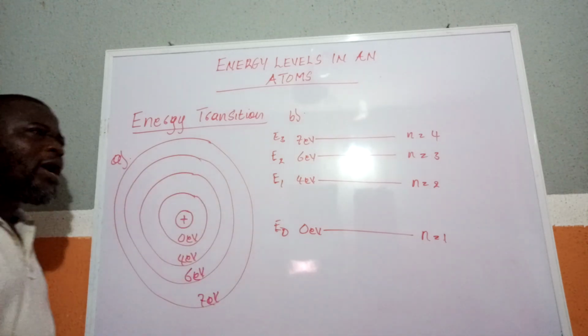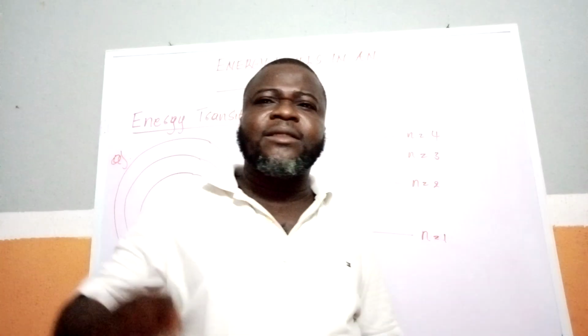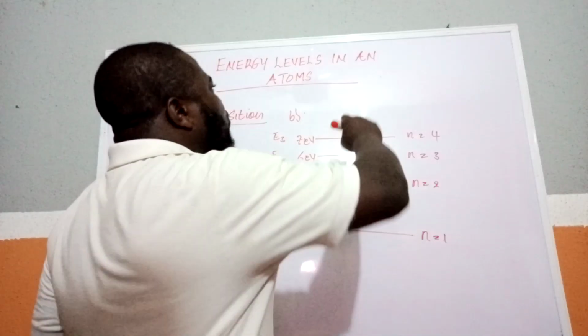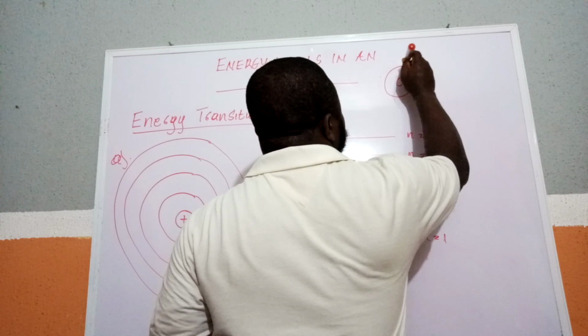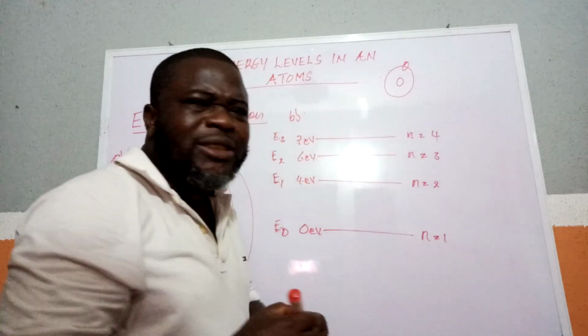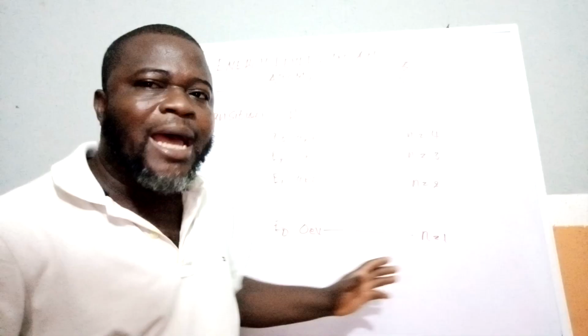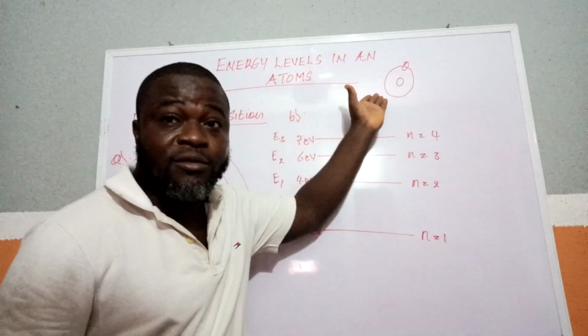When talking about Rutherford, one of his limitations is that it can only explain an element with one electron in its shell, like the hydrogen atom. It cannot explain multiple electrons. But this time around, we have more than one shell.